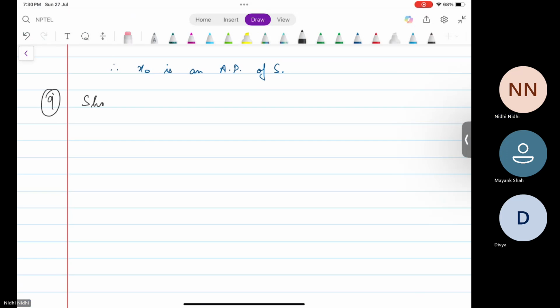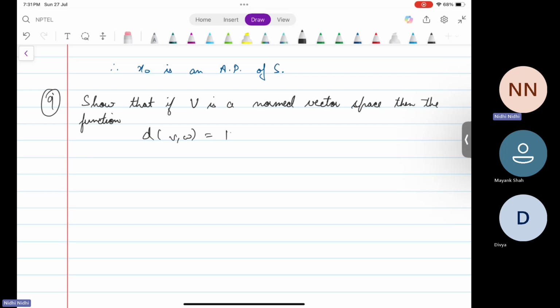Show that if V is a normed vector space, then the function d(v,w) defined as the norm of v minus w for every v and w in V is a metric on V. So eventually we will see that a normed space has a metric. So every normed space is a metric space.